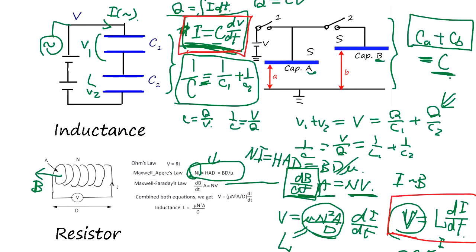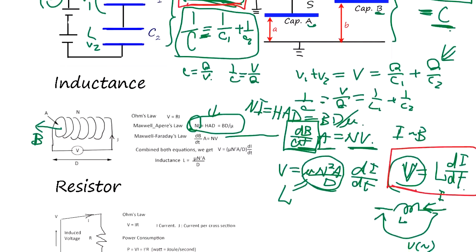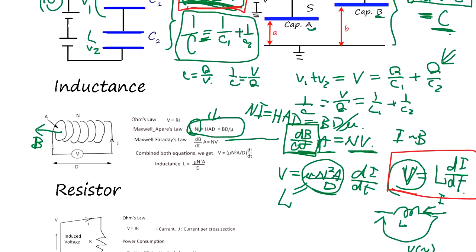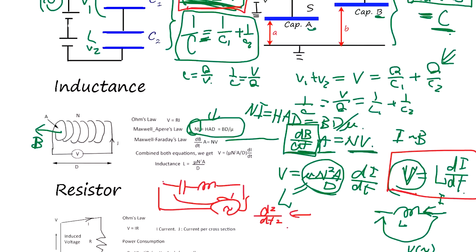Okay, so you know what happens if you have capacitance and inductance together. It's going to create second-degree derivatives, and you have to solve the equation for d squared/dt squared, right?